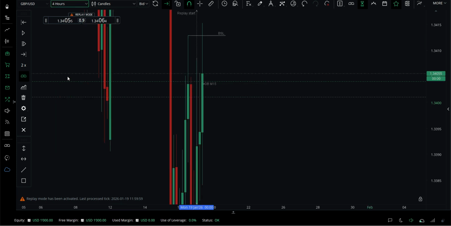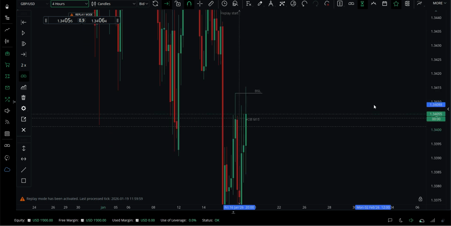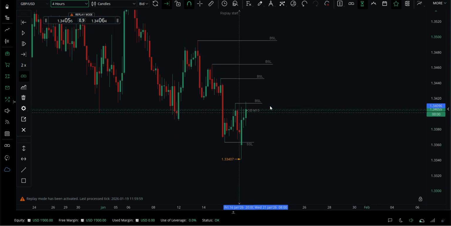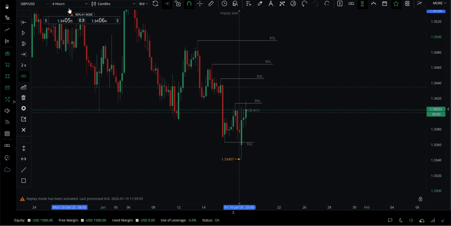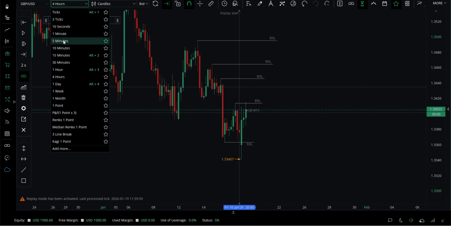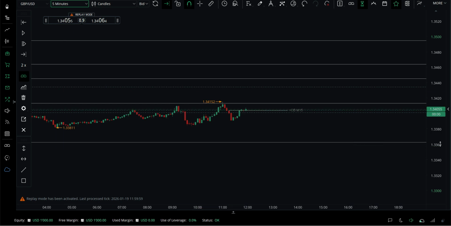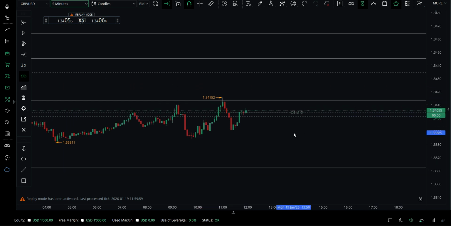Then we would go up to the 4-hourly chart and set our take profit limit right before we get to the rejection block, around 30.1 pips, and go down to see how price panned out.